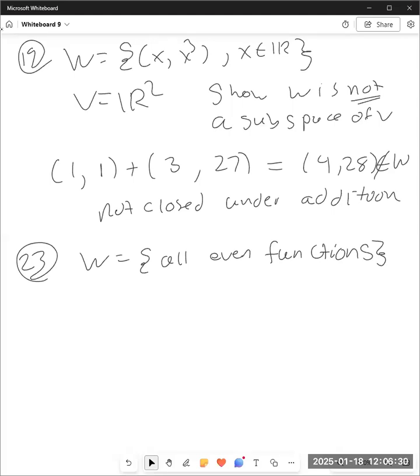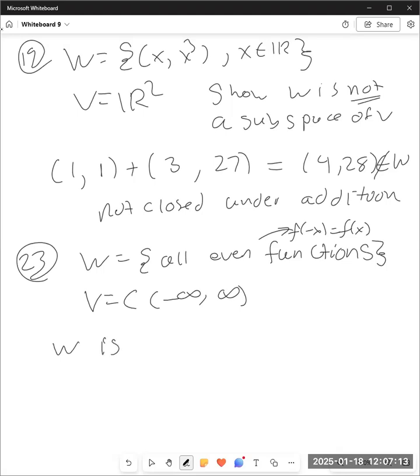And all constants are even functions. So I have all of the scalar multiples in there as well. So an even function is f of negative x equals f of x, just to remember what an even function is. And V is equal to all continuous functions. So is this a subspace? It is.